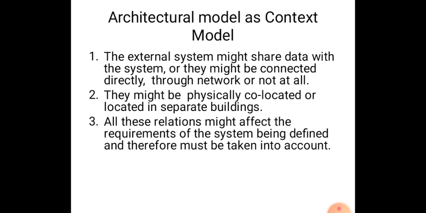So this is a wide example or wide scope that we are considering. Point number 2. They might be physically co-located or located in a separate building. So other systems might be very close physically to our system or can be located in other buildings. Everything is possible because there are different examples that we can consider.